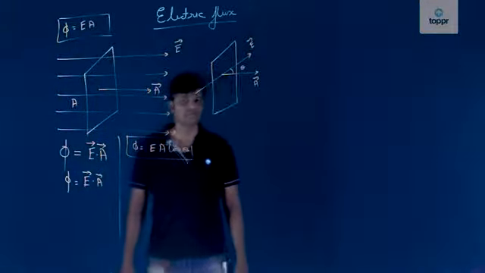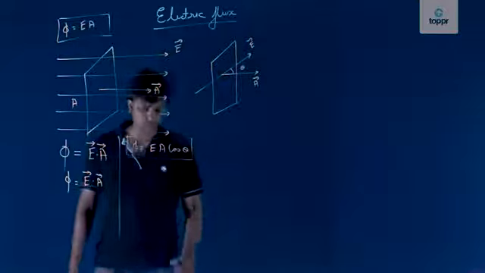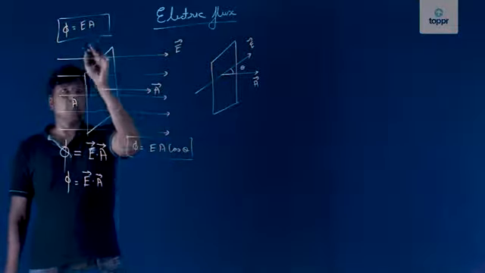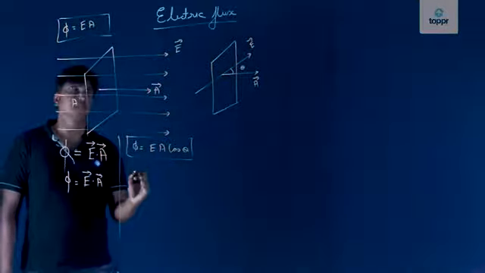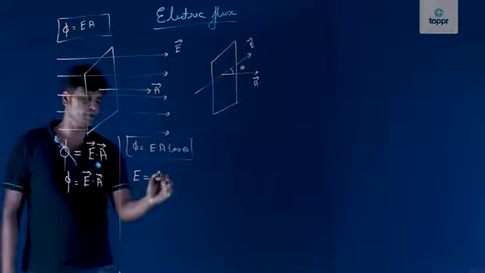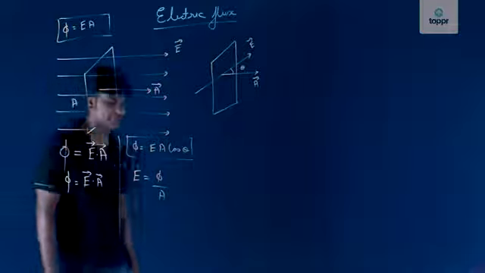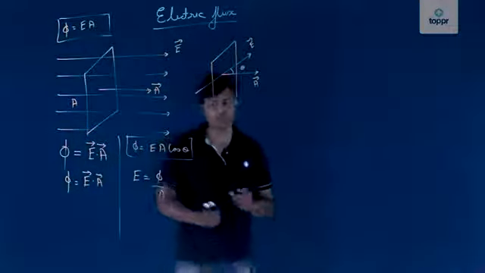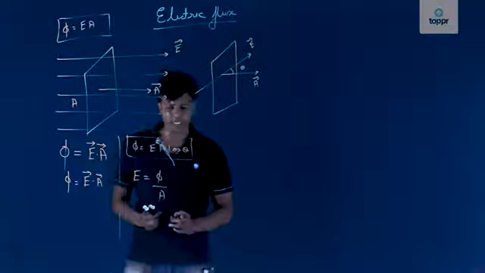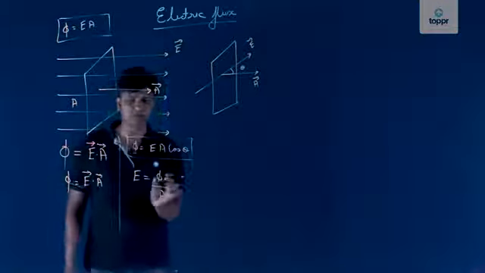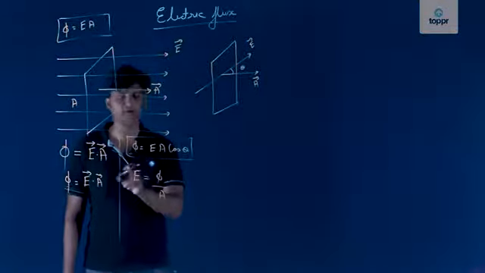So this particular equation can be written as E is equal to phi by A. That means if the region in which the electric flux is more, the electric field is more.